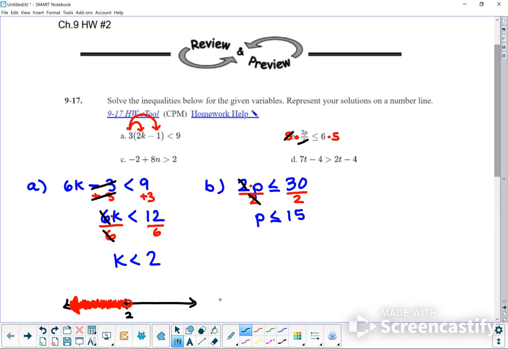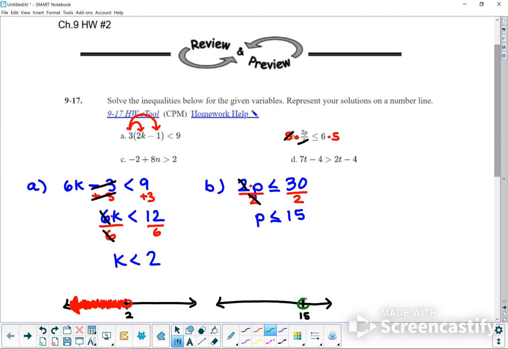And the awesome thing about graphing, like how I showed you guys, is you don't have to worry about writing down all the numbers. Your boundary point is 15, so you're just going to put 15 anywhere you want within this number line. Let's say 15 is a little bit towards the top, so we'll put 15 towards the top. You're going to put your circle, your dot, around it.